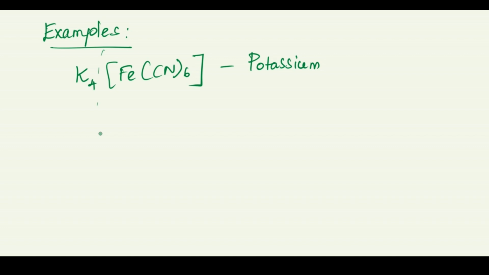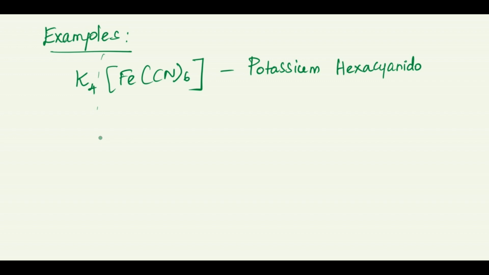Then the ligands. How many ligands are here? Six ligands, so hexa. What is the ligand? It is CN. Cyanide we usually say, but here we should name it cyanido. Then what do we have? Iron, which is ferrate, or iron you can also mention. What is the oxidation state of the metal ion here? How can we find it? For that I am giving you a trick.